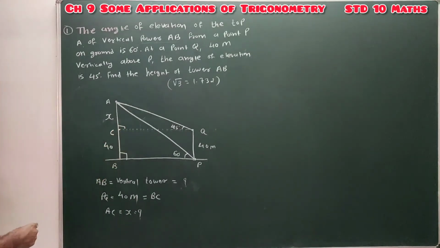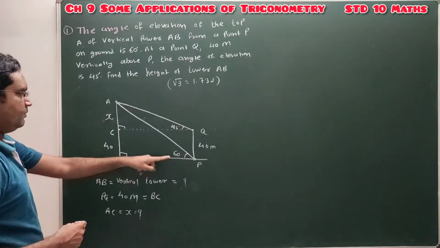So two right angle triangles are there. The first right angle triangle is triangle ABP.